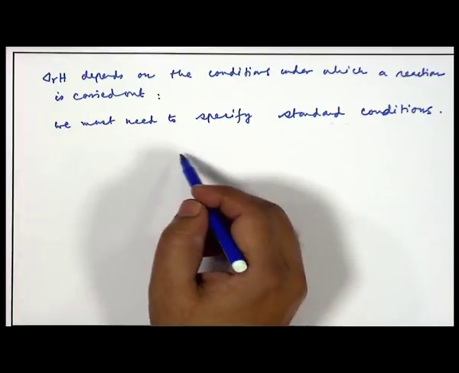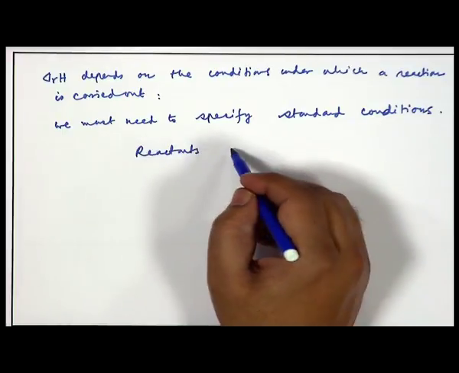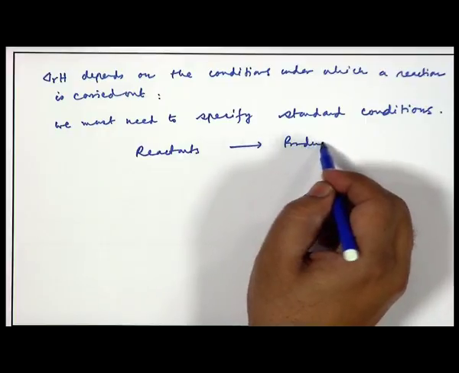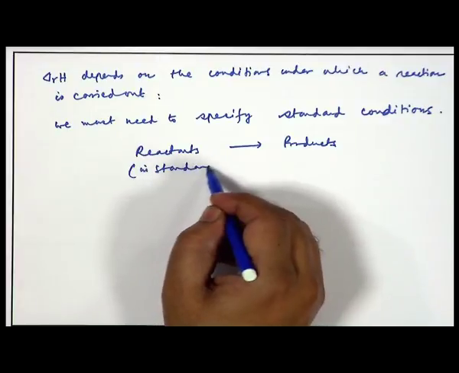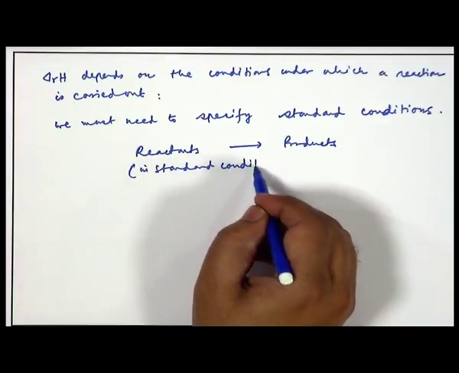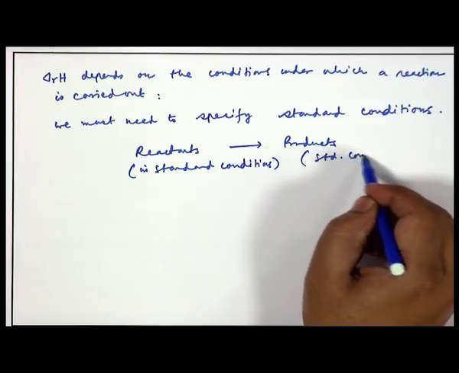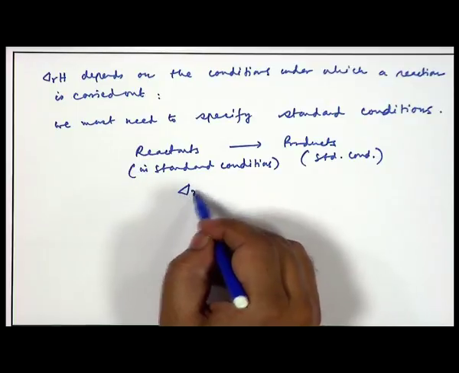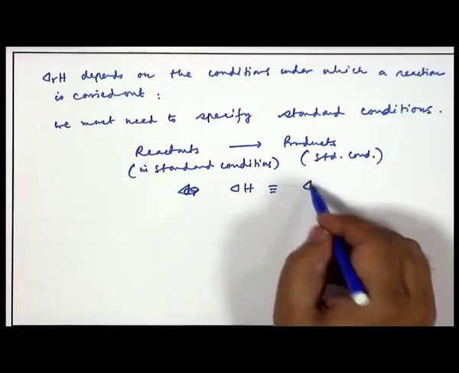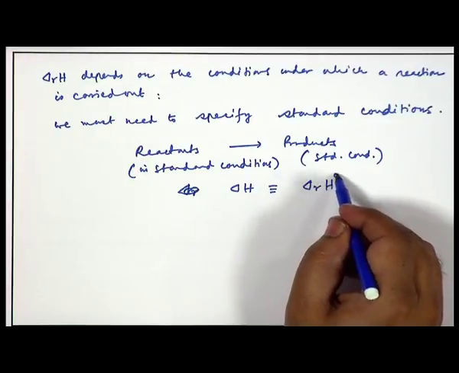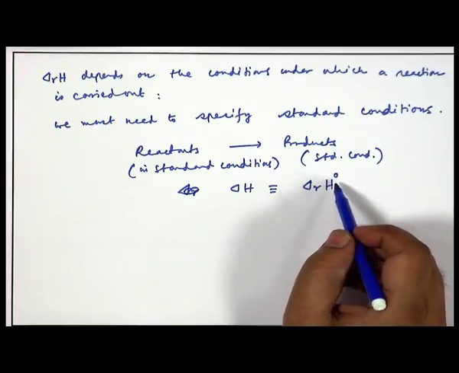If the reactants and products are all in the standard condition, then the corresponding ΔH would be ΔrH, and we put a degree superscript on it.